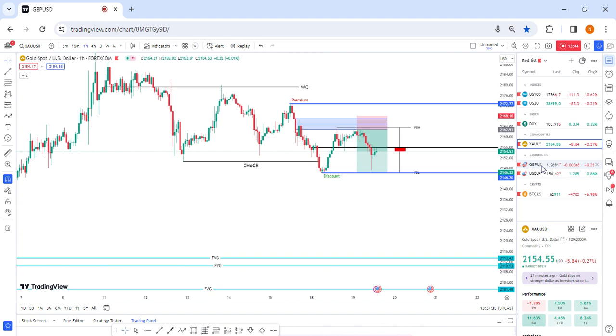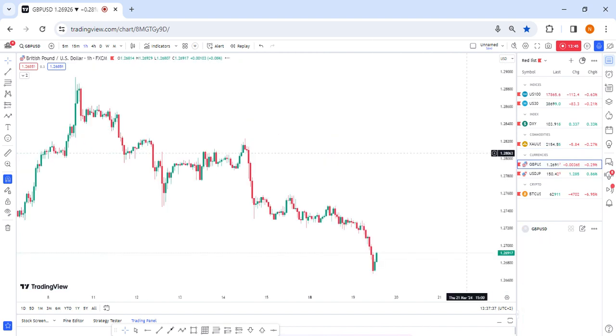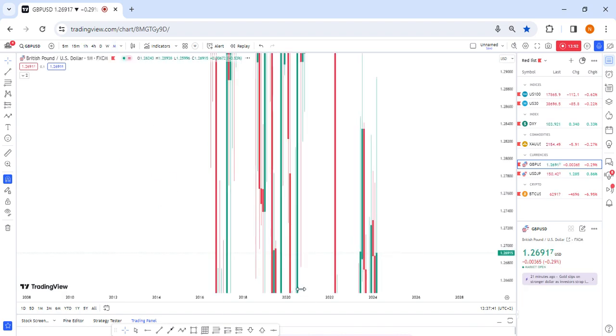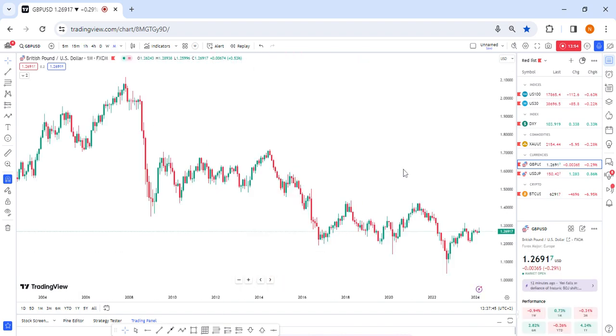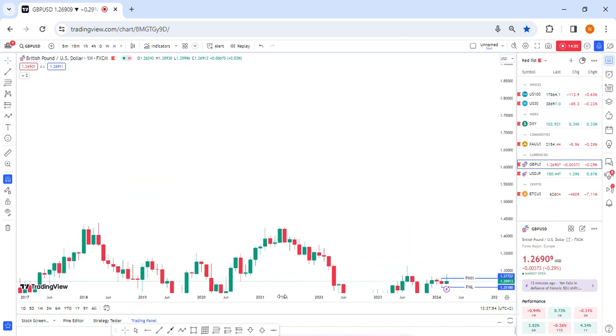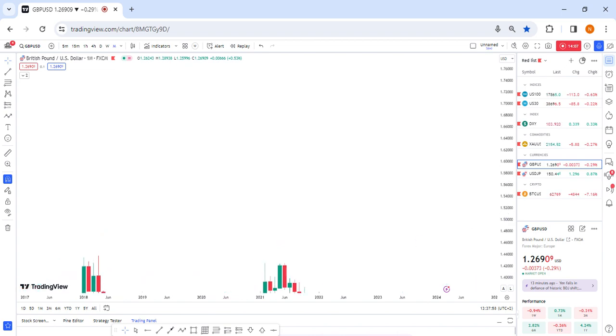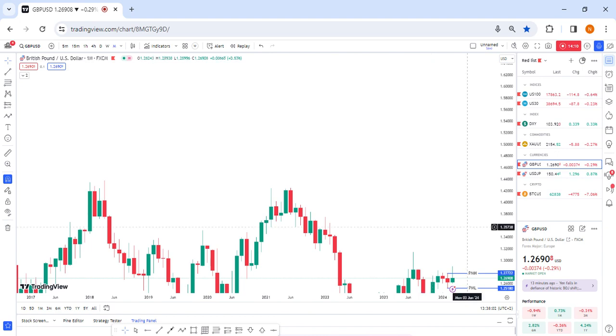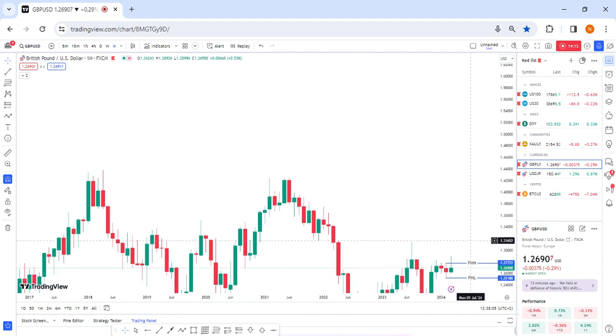And then GBPUSD. Okay, go to our monthly time frame. Sorry about that, guys.